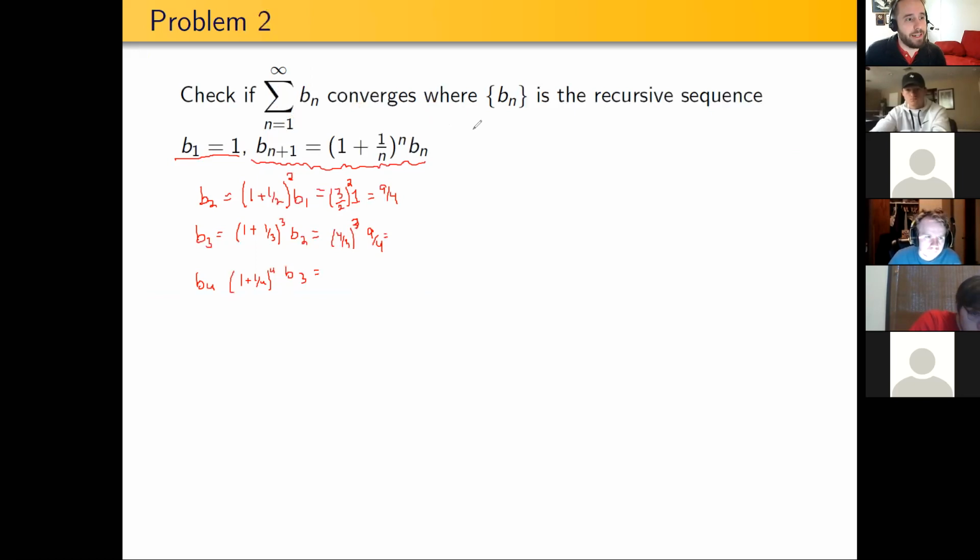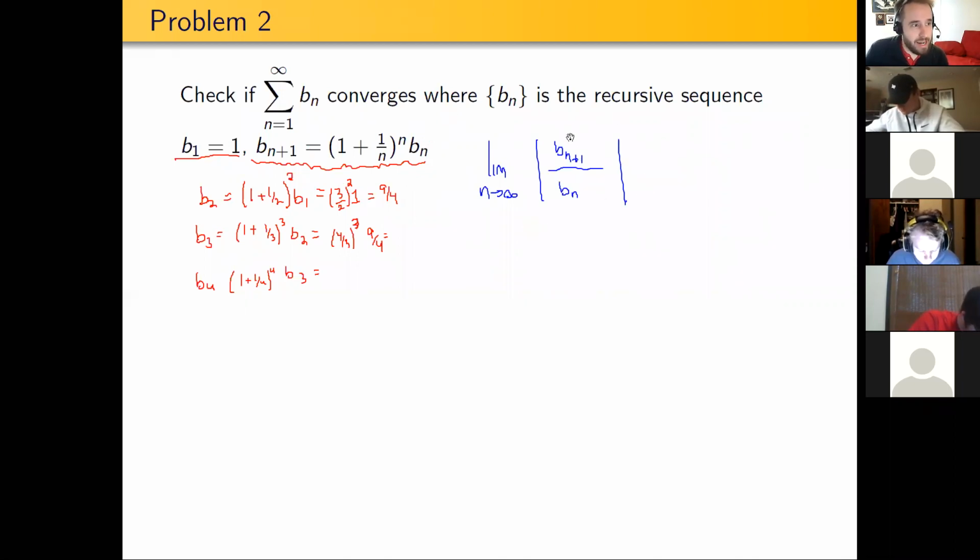Because notice, if I wanted to set up my ratio test here, that would involve me taking a limit as n goes to infinity of the denominator is b sub n, the numerator is b sub n plus 1. And when it comes to successive terms here, I have a nice way to write b sub n plus 1 in terms of its previous term, b sub n. So in fact, the recursive definition is not a drawback when I use this ratio test, because the b sub n plus 1 can just be written in terms of b sub n.